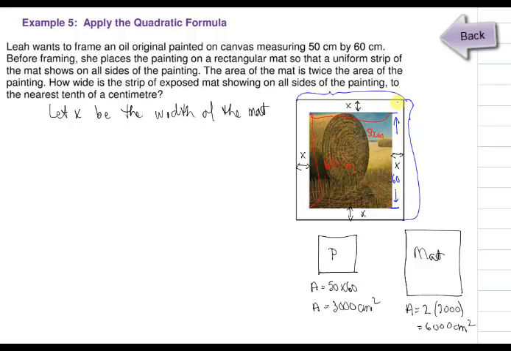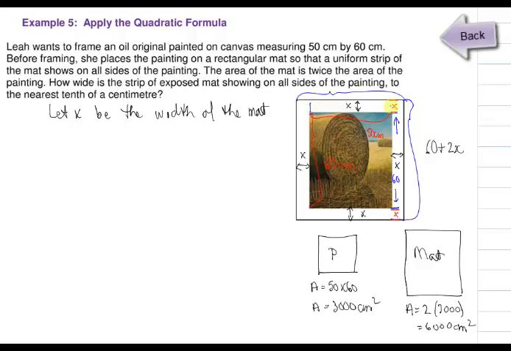We also know that, and I'll use red for this, from the painting to the mat is x, and we have that on both sides of our 60 centimeters. So if we want to come up with an expression for the new length, it's going to be 60 plus our two end pieces, right? So 60 plus 2x. We're going to use that same reasoning to work out the width.